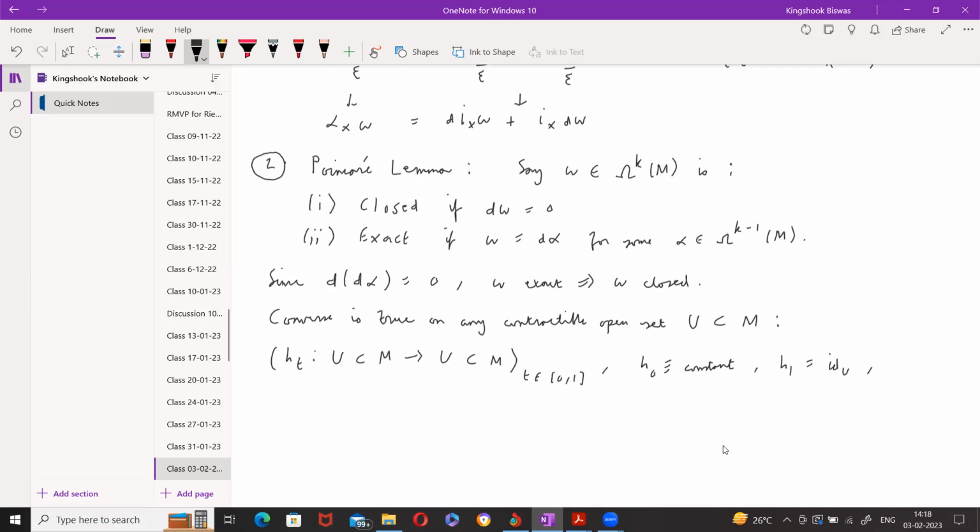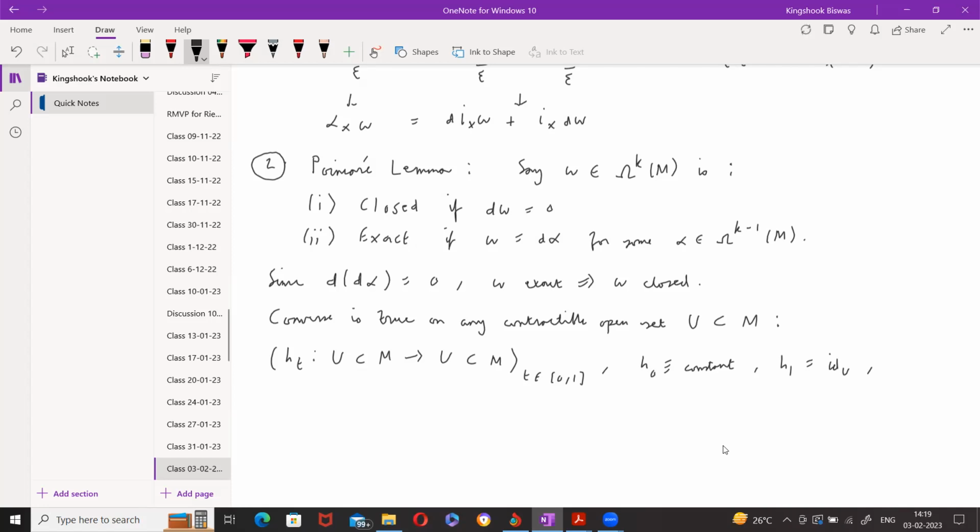There's a small fact which I'm omitting here, that if you are contractible, that means there's a continuous homotopy to a constant from the identity, then in fact, there is a smooth homotopy. Okay, so that's a small fact which is true. So we can assume this homotopy is smooth.